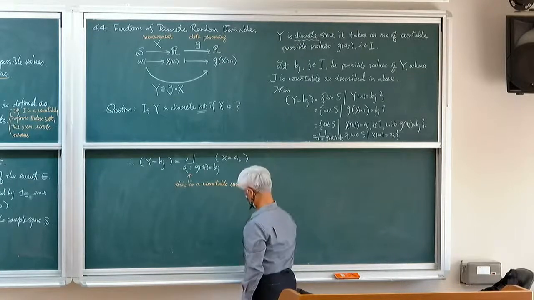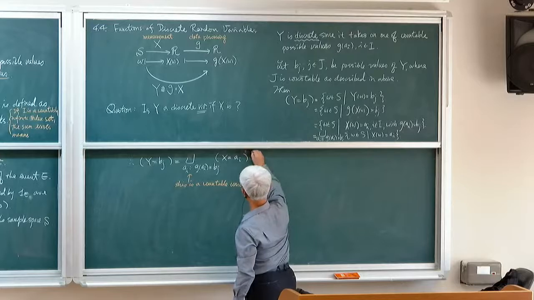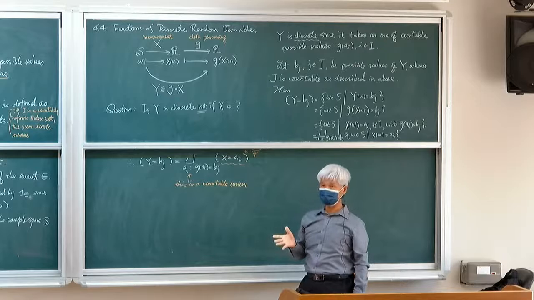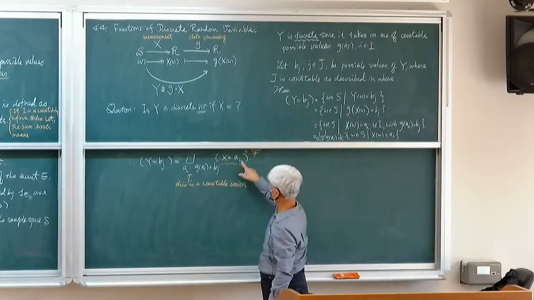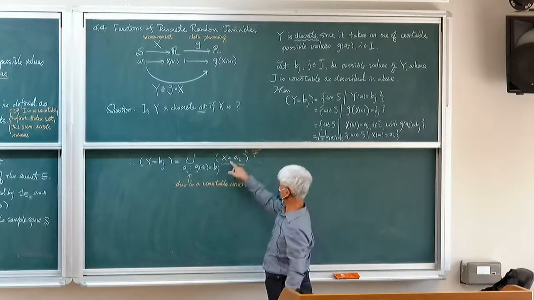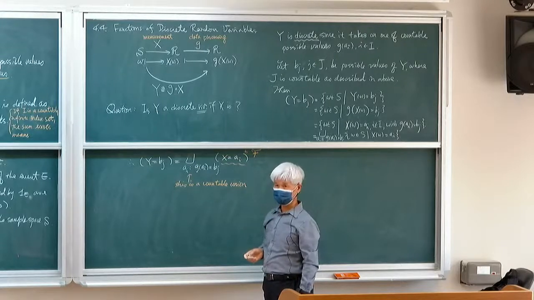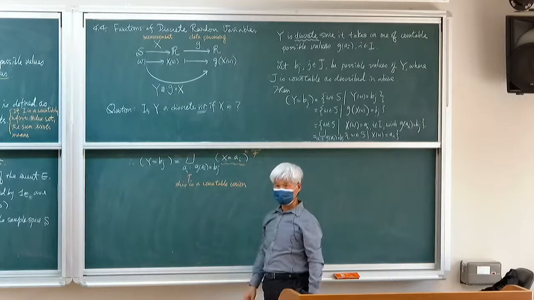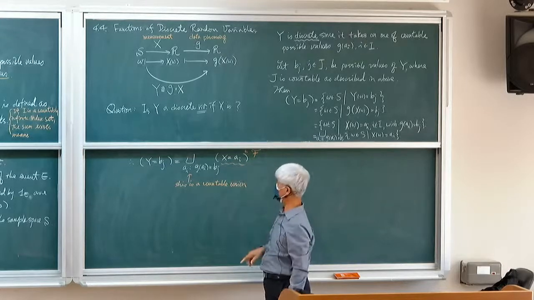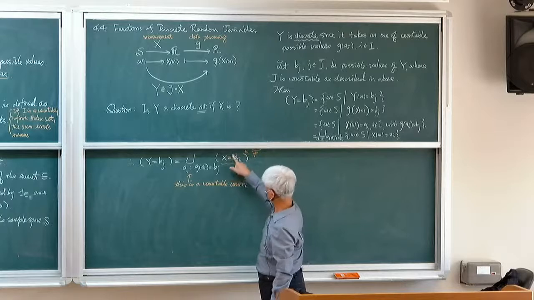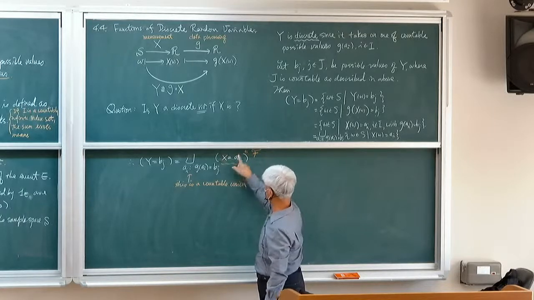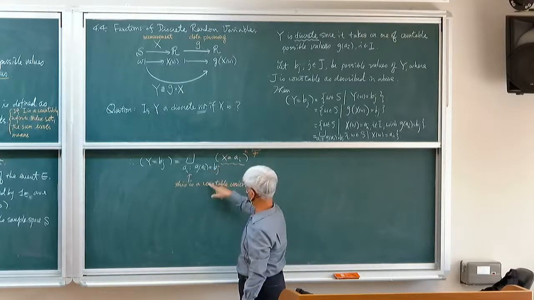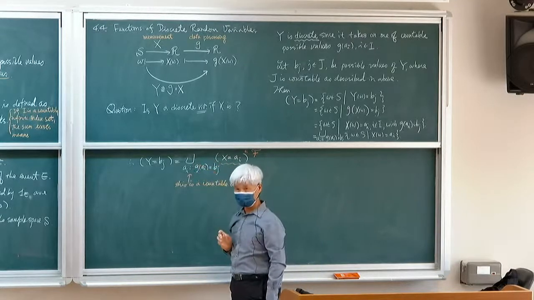And because x is a random variable, this basic event described by x must be an event of interest in the sigma algebra. So each x equal to a_i is a member of the sigma algebra F, and we have countably many of them to take union.